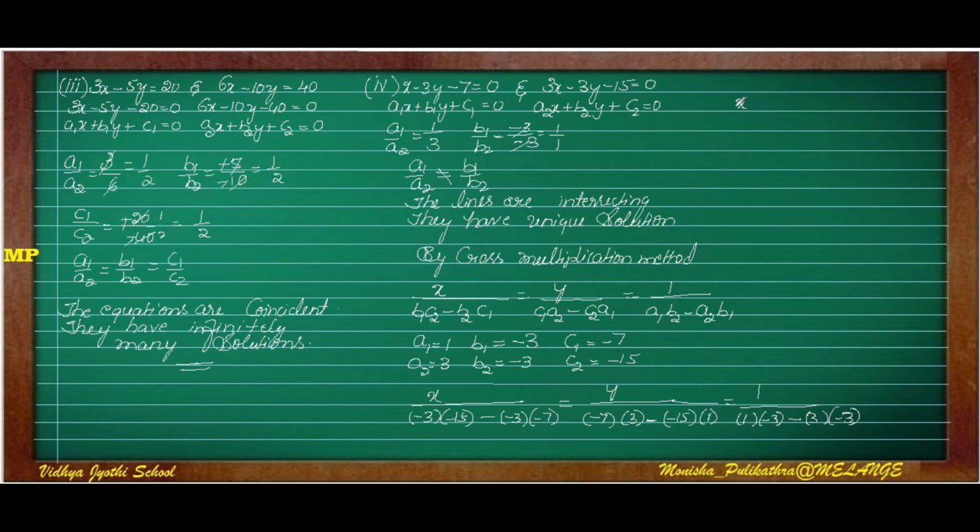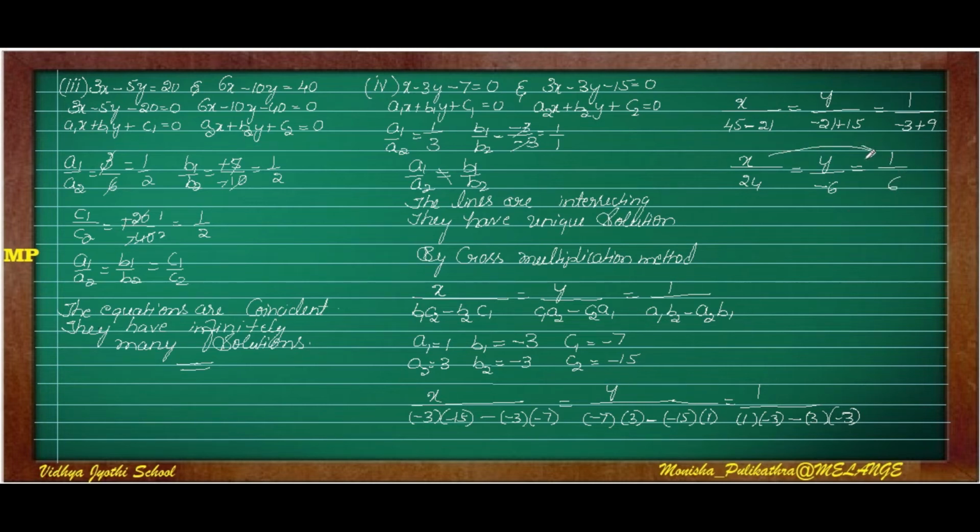So here x divided by 15 3s are 45 minus 7 3s are 21 is equal to y divided by minus 21 plus 15 is equal to 1 divided by minus 3 plus 9. So here x divided by 45 minus 21 is 24 is equal to y divided by minus 6 and is equal to 1 by 6.